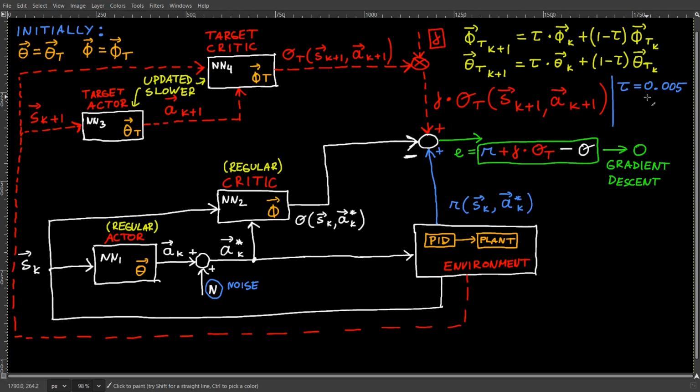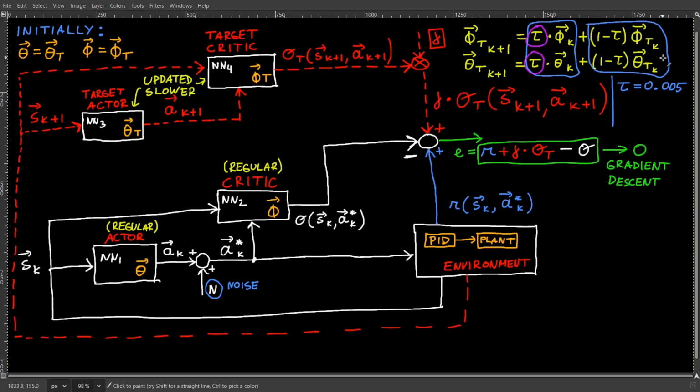In my code it's 0.005. If you look at the formula, then you can see that every time I update my target networks, I take a tiny portion from their regular counterparts. You have 0.005 here and also here.